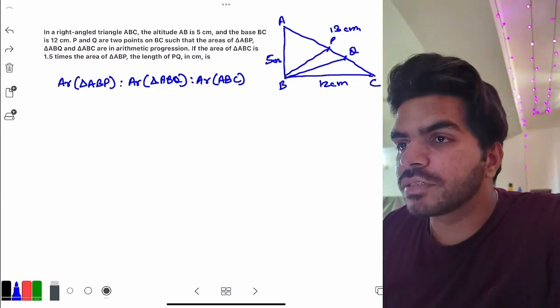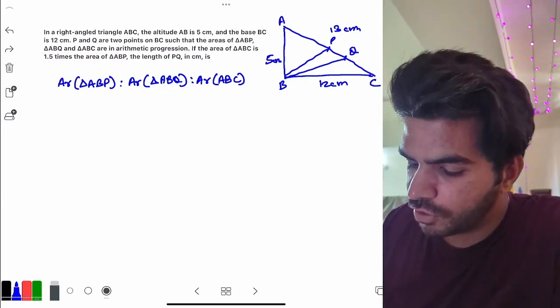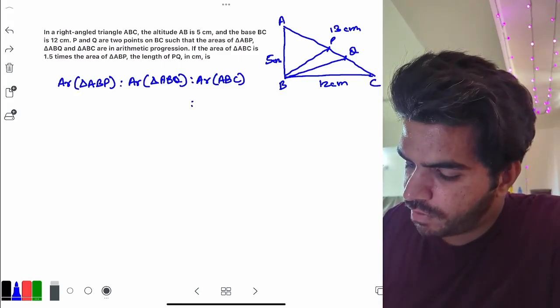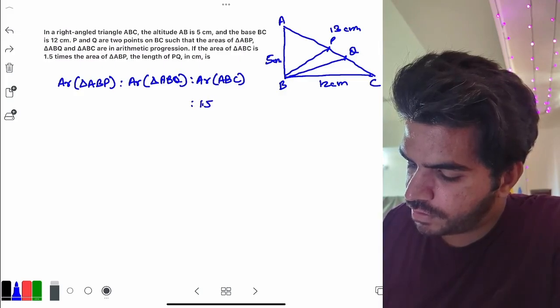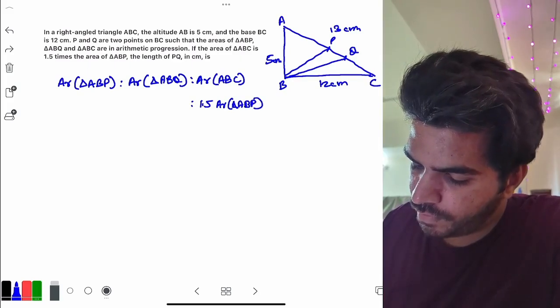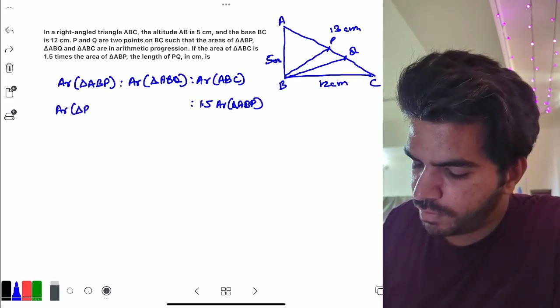There are a few things given, that is area of ABC is 1.5 times the area of ABP. So I'll convert everything in terms of ABP. So ABC will be 1.5 times area of triangle ABP. This will be triangle ABP.